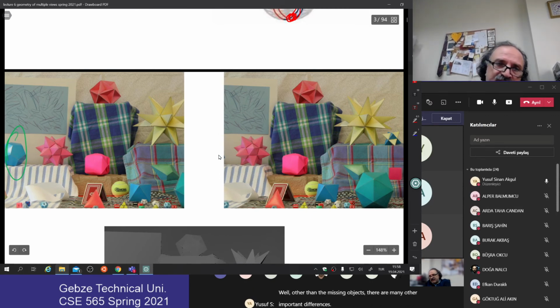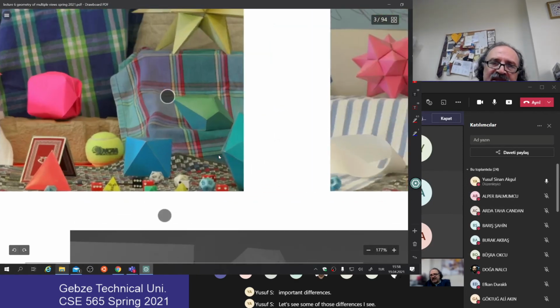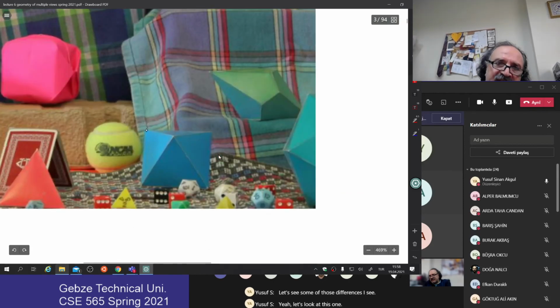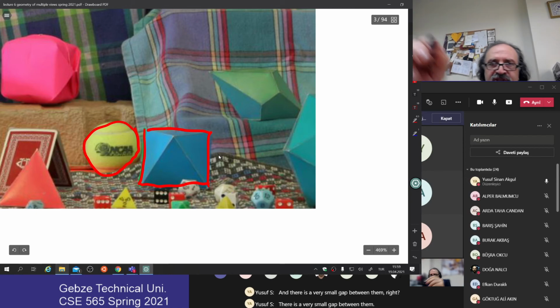Let's see some of those differences. Let's look at this one. I see this object, let me use the red color. I see this object like this, and I see this ball like that, and there is a very small gap between them, right? They don't touch each other.